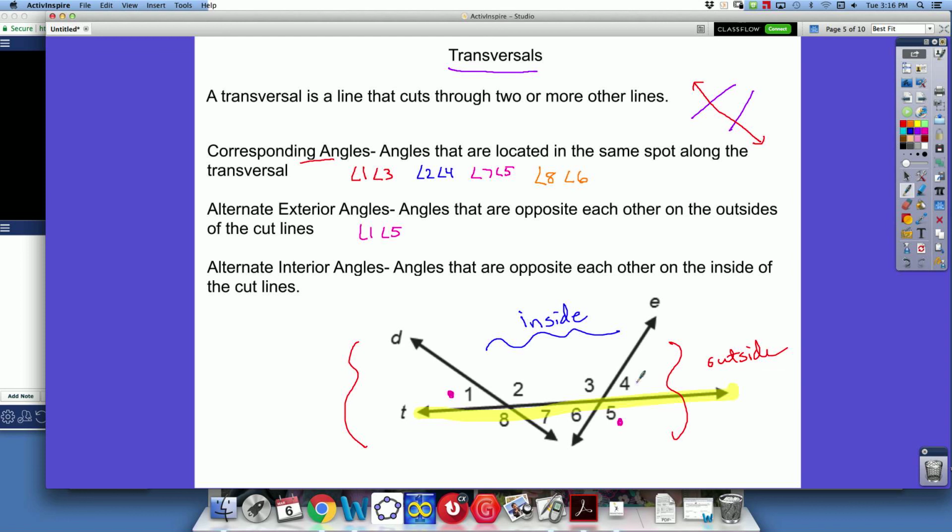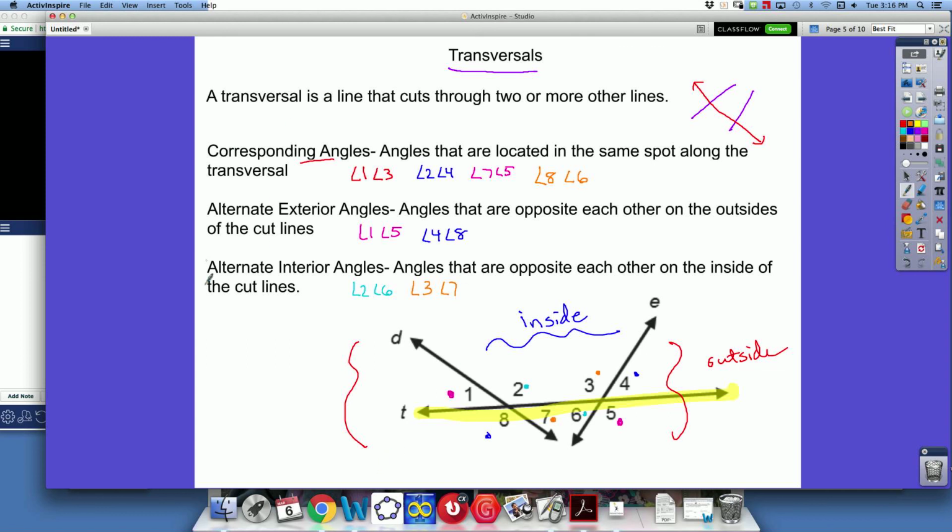So our other pair here is going to be angle 4 and angle 8, because they're on the outside of the transversal, opposite sides. So inside means between the two lines on opposite sides. So if this is angle 2, on the opposite side of the transversal is angle 6. And then the last pair for alternate interior angles is angle 3 and angle 7.